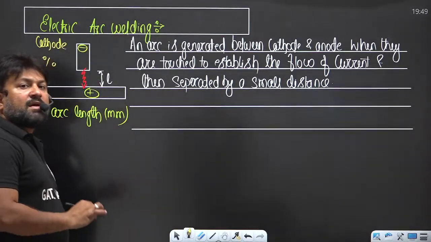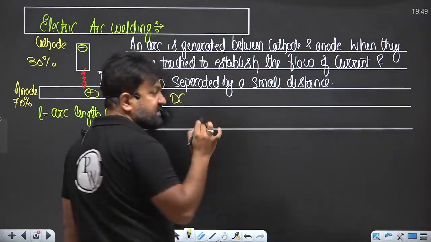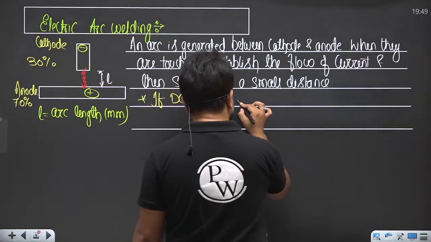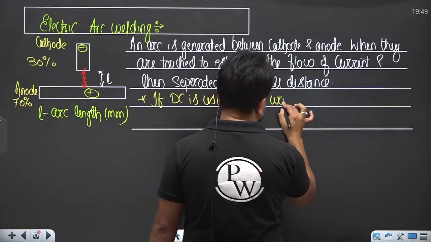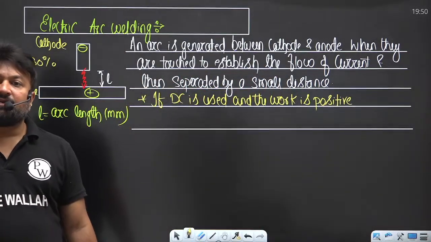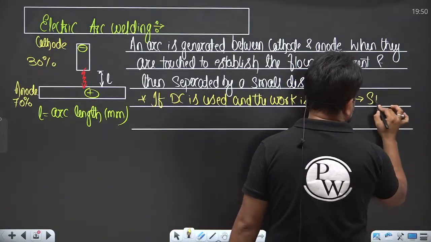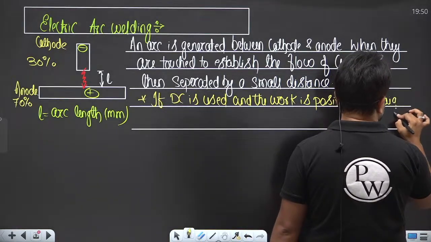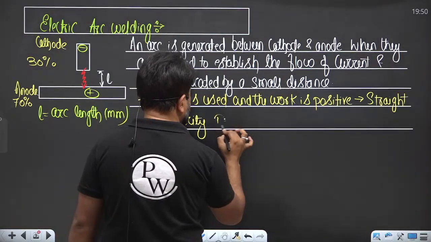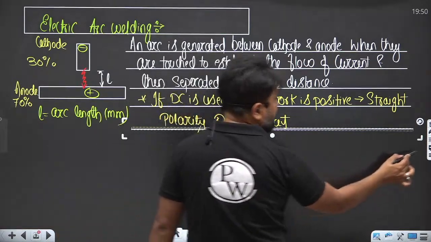So let me write down: if DC, direct current, is used and the work is positive, meaning anode, that condition is known as straight polarity, direct current.